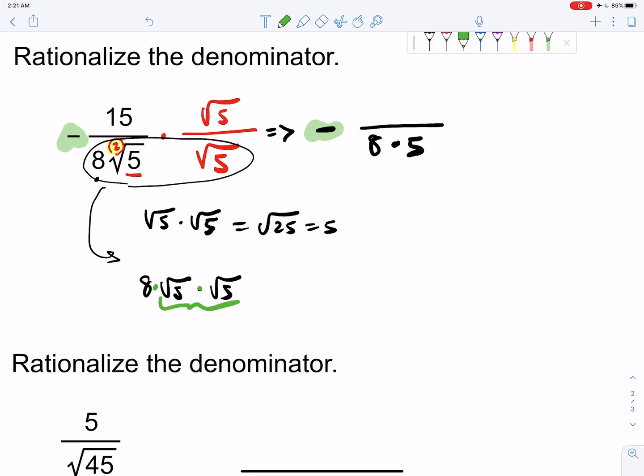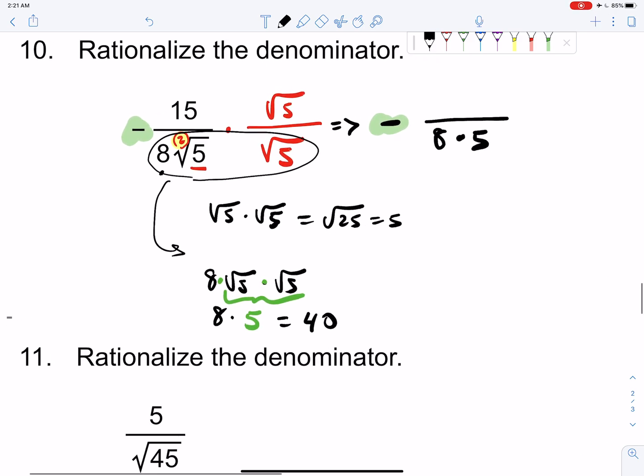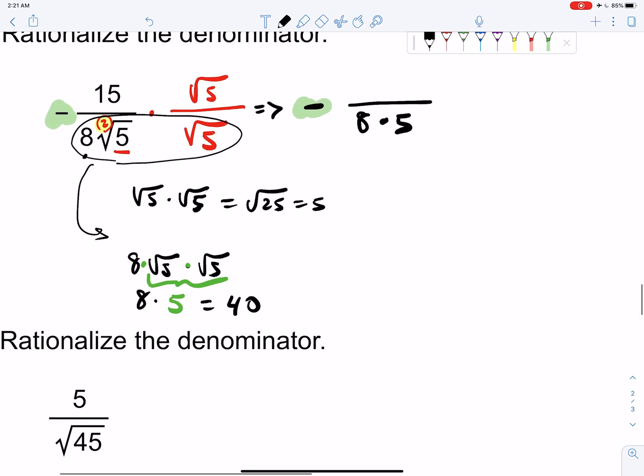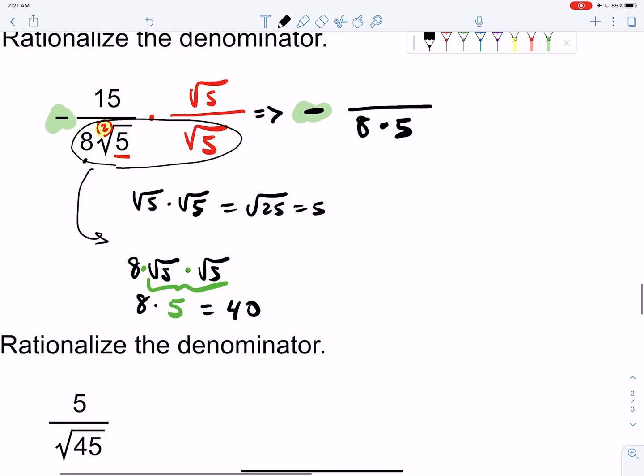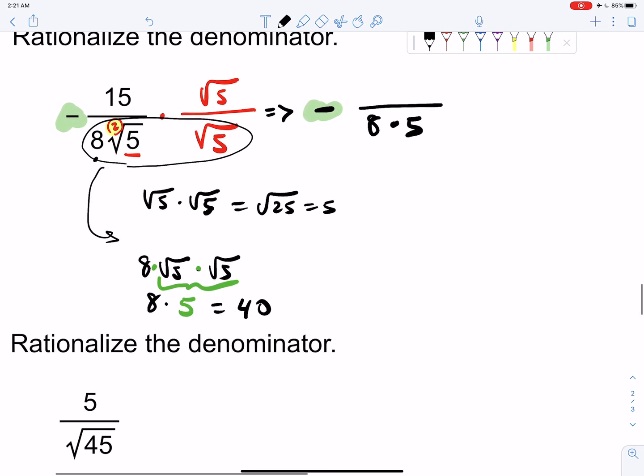We can multiply in any order that we want. We know square root of 5 times square root of 5 is square root of 25, which is just 5. And now we know 8 times 5 is 40. So we've got that taken care of. Where am I at here? Number 10. Just making sure I'm not missing something. Yeah, okay. So 8 times 5 is 40.